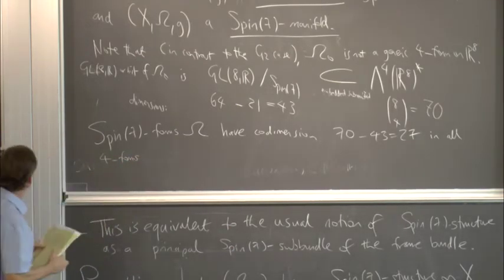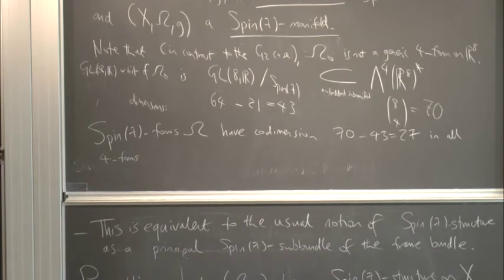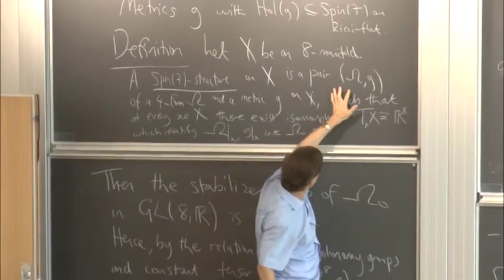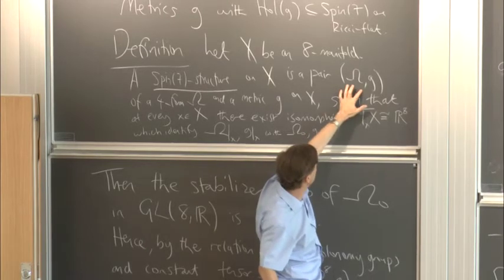Okay, so the condition for a form Ω to be part of a spin 7 structure is a pointwise condition on Ω that it should lie in a submanifold of all 4-forms of codimension 27.